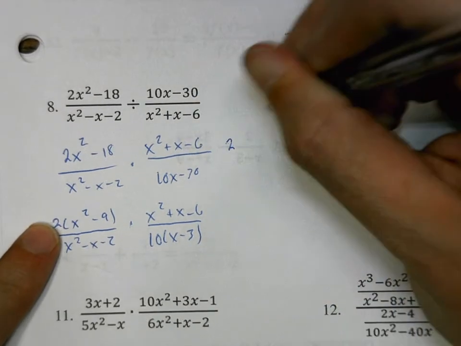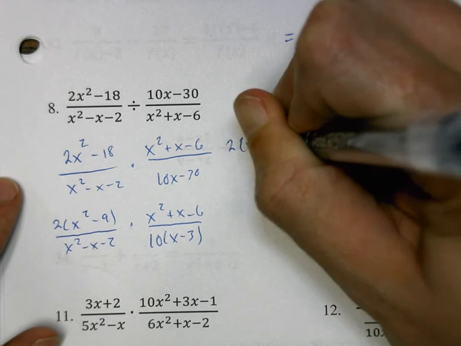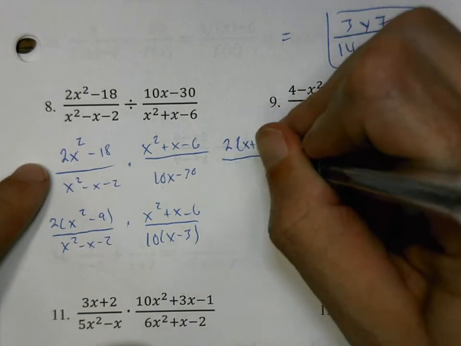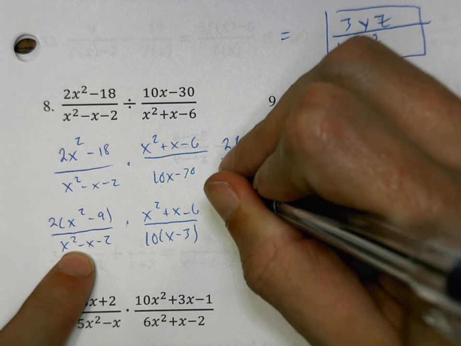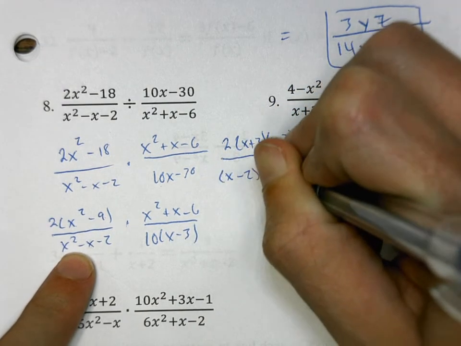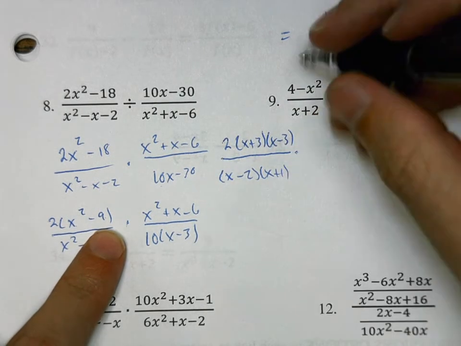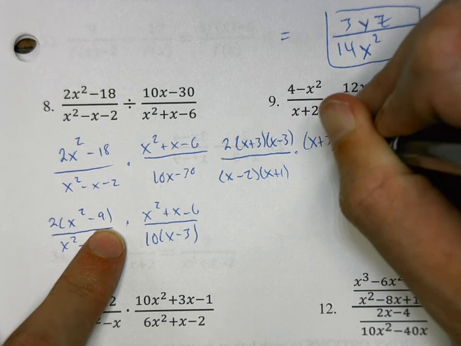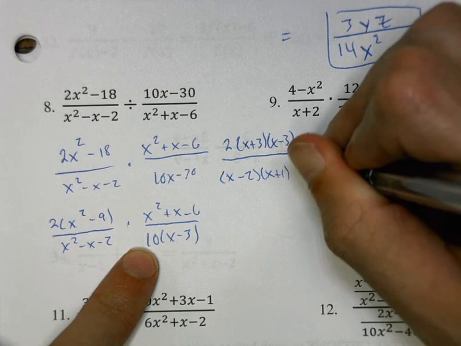This is difference of two squares, so that's an x plus 3, x minus 3. This, two numbers that multiply to negative 2 but add to negative 1 is x minus 2, x plus 1. Two numbers that multiply to negative 6 but add to 1. That would be an x plus 3, x minus 2. And that would just stay the same.